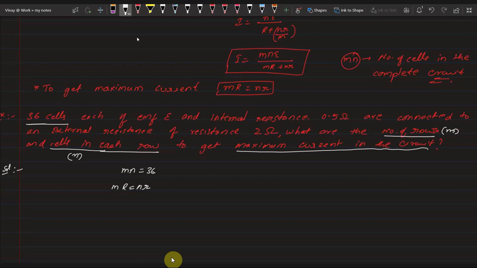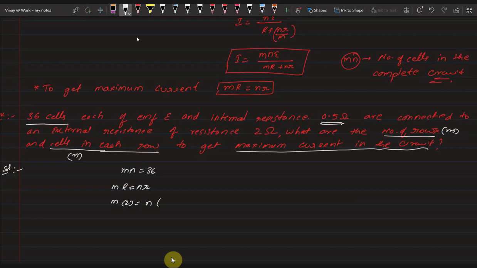This is what we considered in the previous concept. So m is the number of rows, n is the number of cells in each row. Then the condition is mR equal to nr. Then m into R, where R is 2 ohm, is equal to n into the internal resistance 0.5.